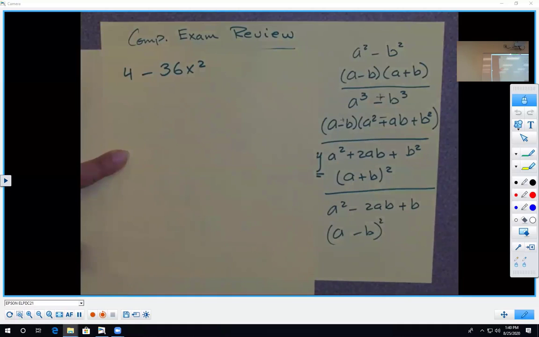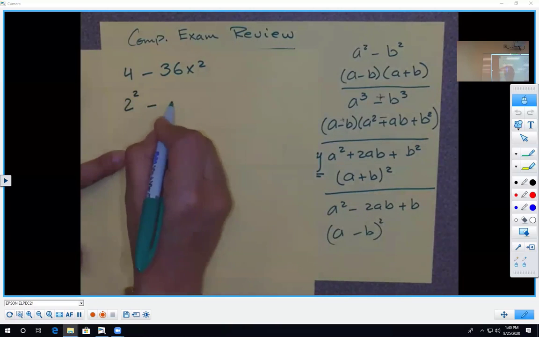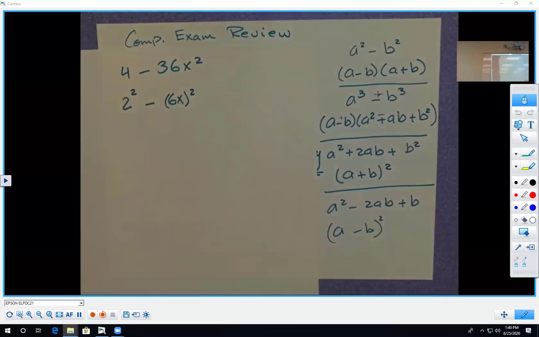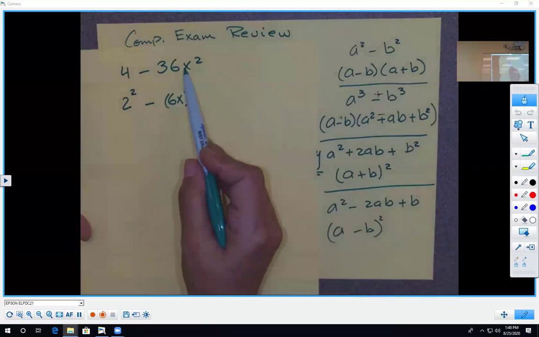The 4 is a product of 2 by 2 and the 36 is 6 by 6. So first step, I'm going to write both of them as perfect squares where I can see the exponent on top of the whole term, all of it. So instead of 4, I'm going to write it as a 2 squared. And instead of 36x squared, I'm going to write it as a 6x all raised to 2, because this 2 is over on top of x only.